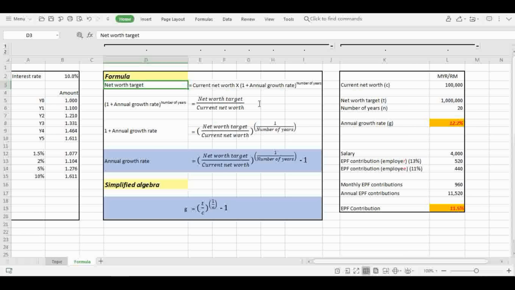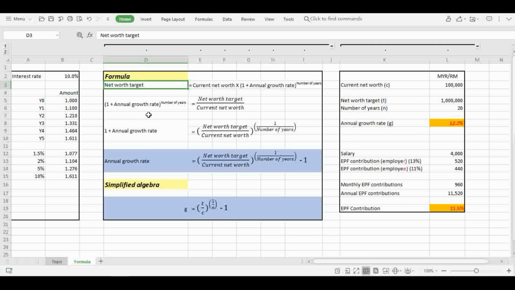Okay, and in order for you to finally get the annual growth rate, I'm going to do some mathematical solution over here. I'll just briefly run you through this. So from this first row, move this current net worth down here, and this is what you see, net worth target divided by current net worth, and over here is just going to maintain the first side of the equation.